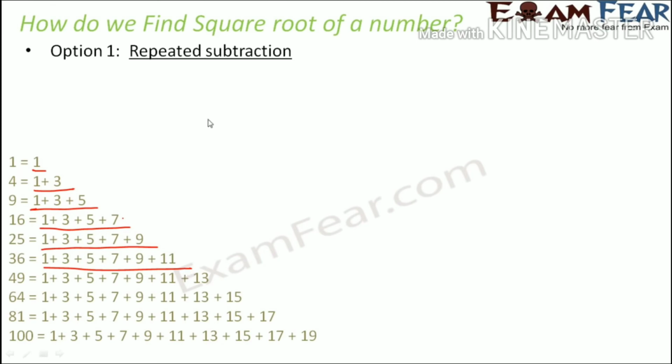So let us take one example. Let's say we consider the number 25, and you have to find the square root of 25. What are we going to do? We are going to subtract odd numbers from 25, and we will do it in steps. In the first step, we subtract the first odd number, which is 1, from 25. So we get 24.